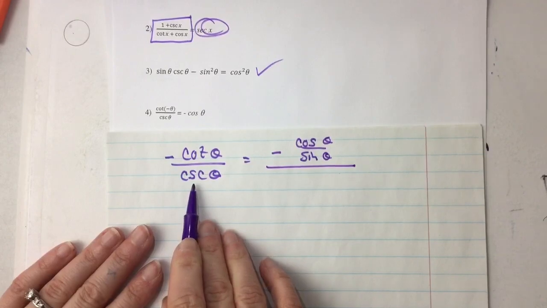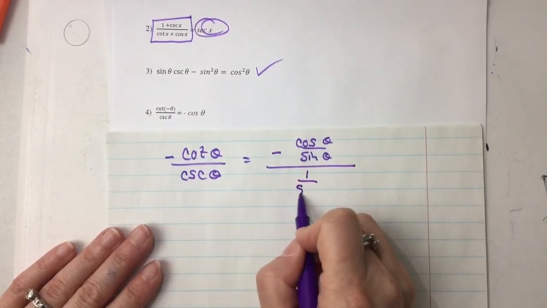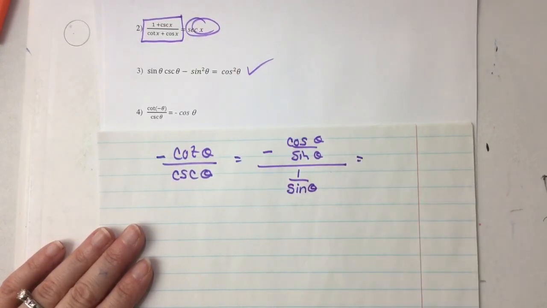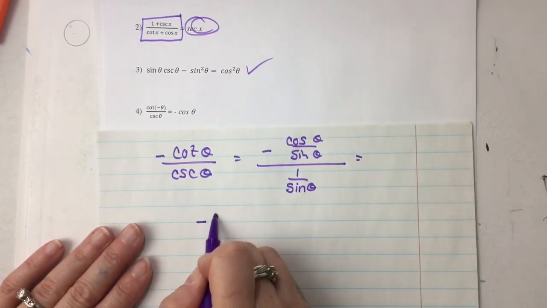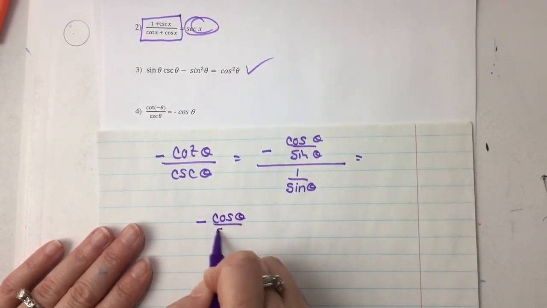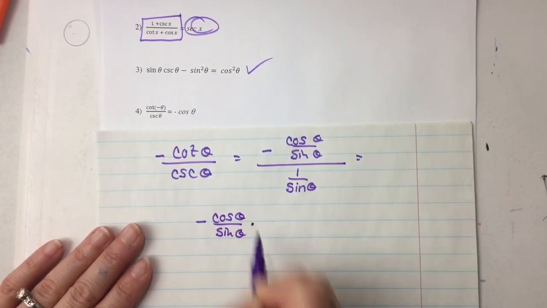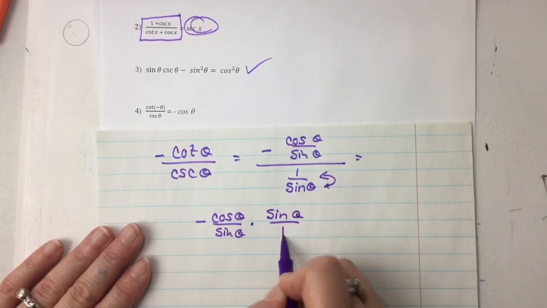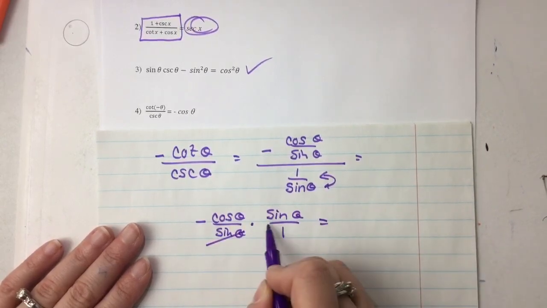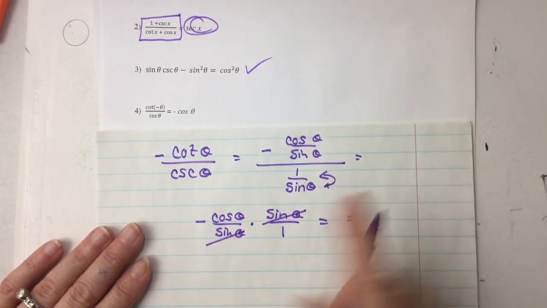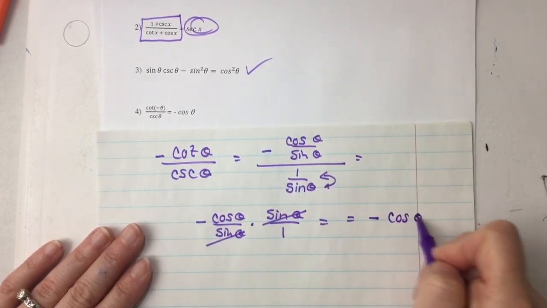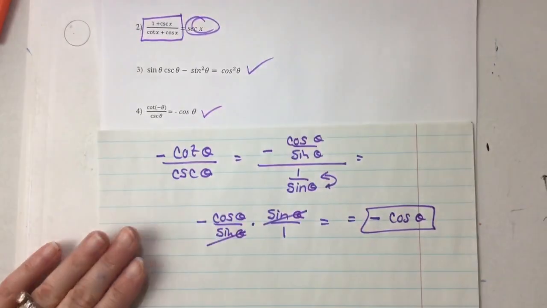The denominator, a cosecant, is the reciprocal of the sine. You cannot divide fractions, so I'm going to keep the top the same: negative cosine of theta over sine of theta, times, flip the second one upside down, sine of theta over 1. This sine cancels this sine. Negative times a positive is a negative. Cosine of theta over 1 is cosine of theta, and it checks.